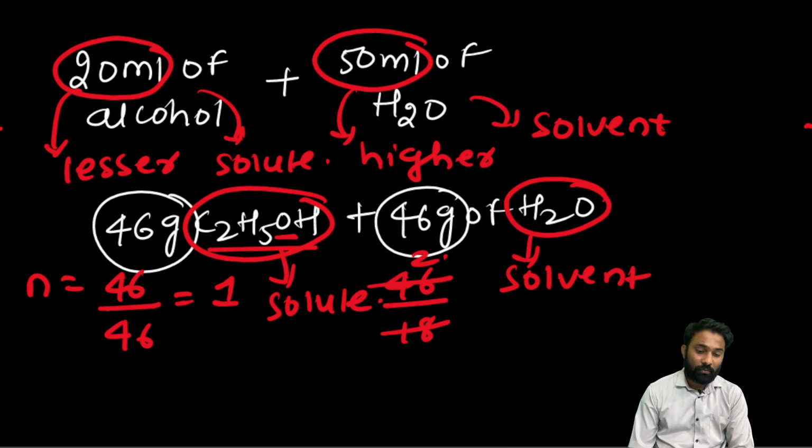But here one thing you have to remember. What is the key point you have to remember here? This is a very, very key point. Depending upon this key point, in the terminology of the questions also, it will make you understand the question very carefully. What is that? Weight of solution.